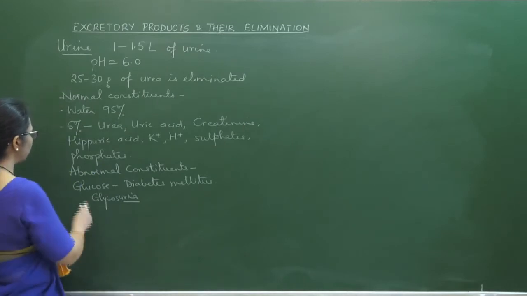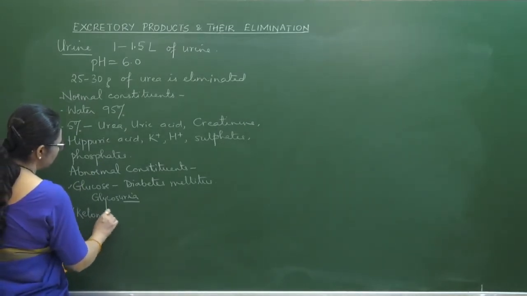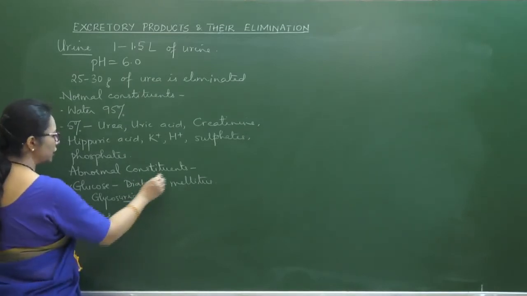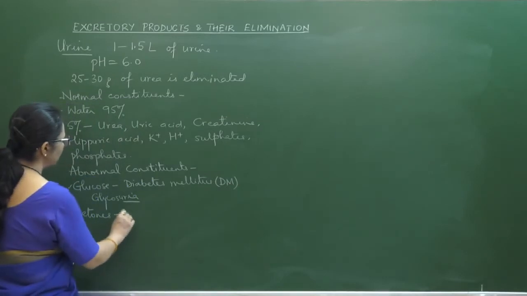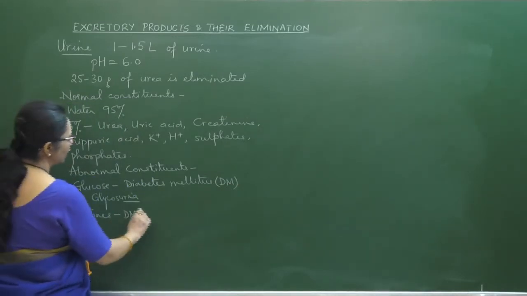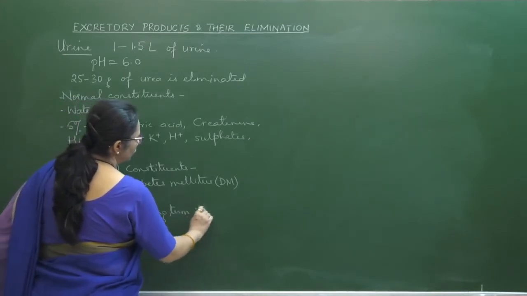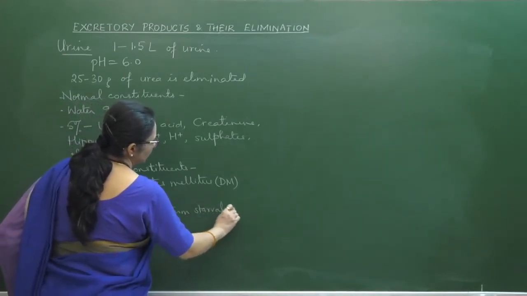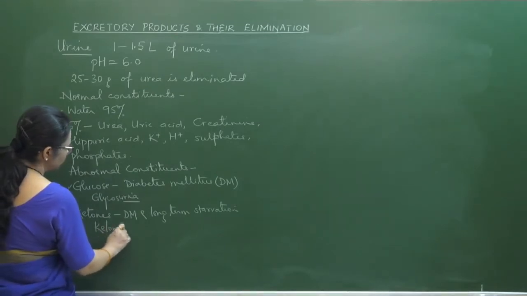Okay, glycosuria. Then similarly ketones, if these are present. This is once again diabetes mellitus, I'm just writing DM. So this is in DM, as well as long-term starvation. The condition is called ketonuria.